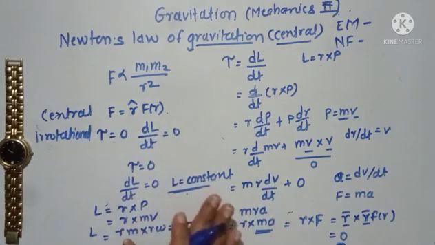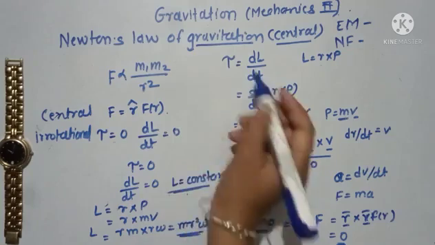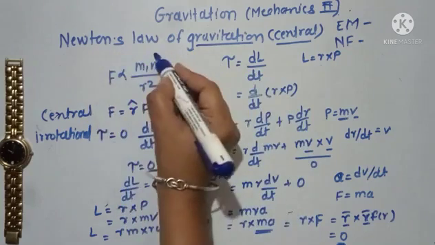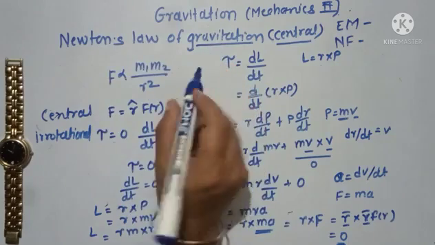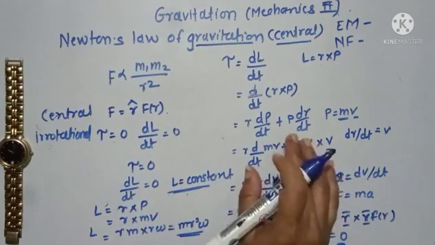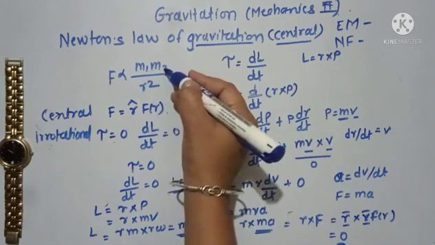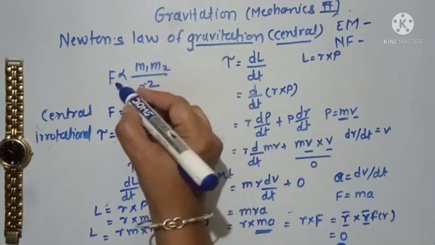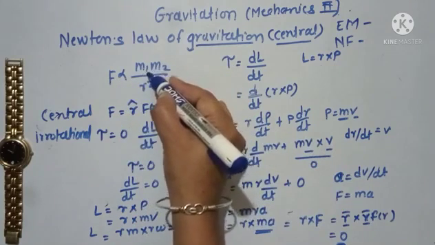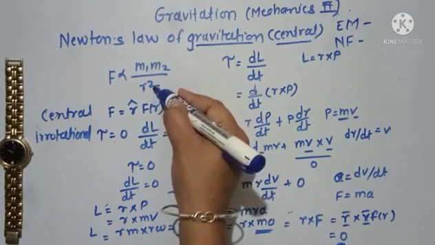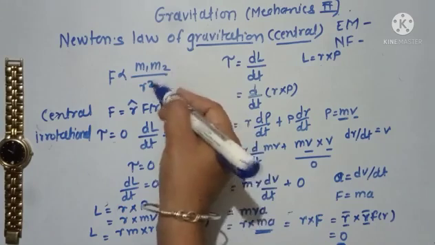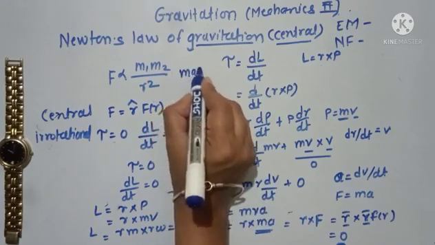So the moral of the story of this lecture is that Newton for the first time gave the gravitational law, which says that in the universe, if there are any two bodies of masses m1 and m2, the force between them is directly proportional to the product of their masses, and inversely proportional to the square of the distance between them. This originates from the mass.